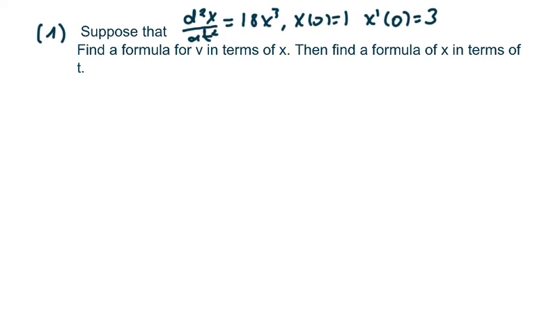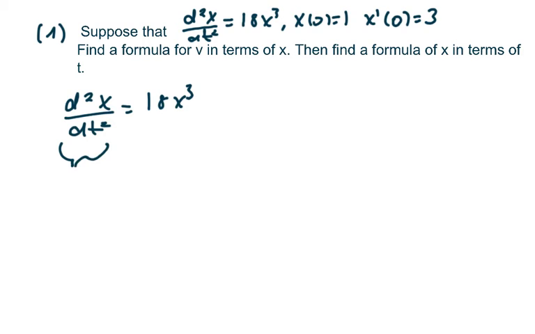First of all, let's write that down right here. We have the second derivative of x with respect to t, and we have 18x cubed. First of all, we know that the second derivative, what is that?